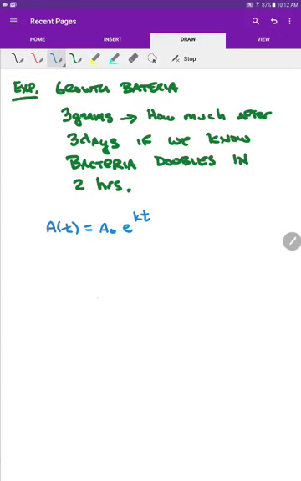We want to start with 3 grams, so to me that looks like A0. It doesn't look like we have a growth rate, so I'm going to put K there. And we're going to let it grow for 3 days.